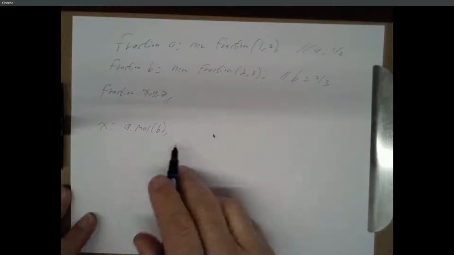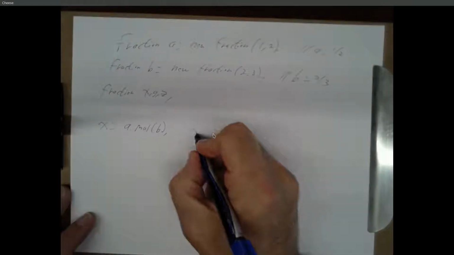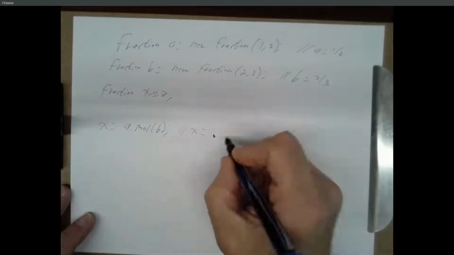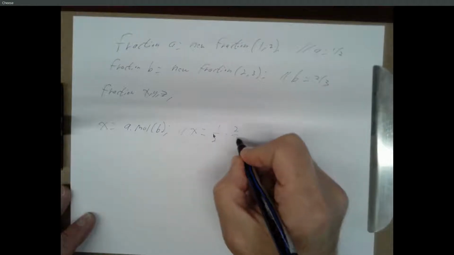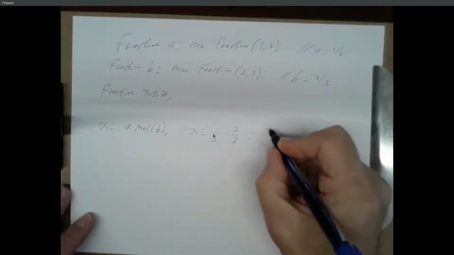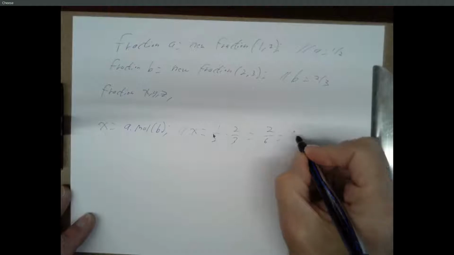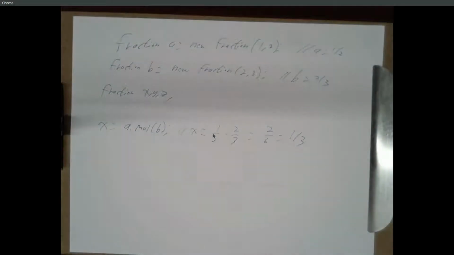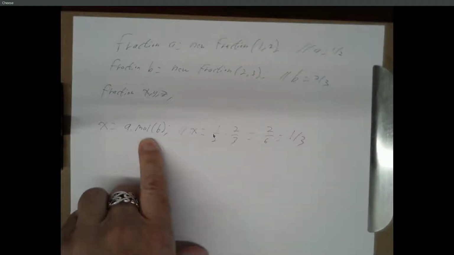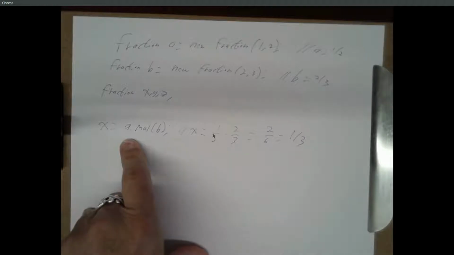So if I say x equals A multiplied by B, x should be equal to the value of A times the value of B, which is 2/6, which is 1/3. And so I can do arithmetic with fractions the way I do with integers or real numbers, except I have to use this kind of peculiar notation. I can't say A star B. You can in C++, but not in Java.